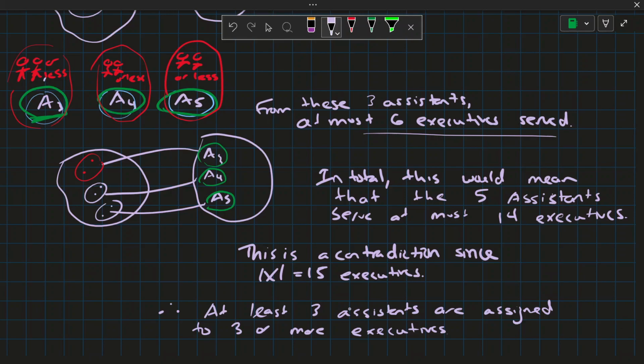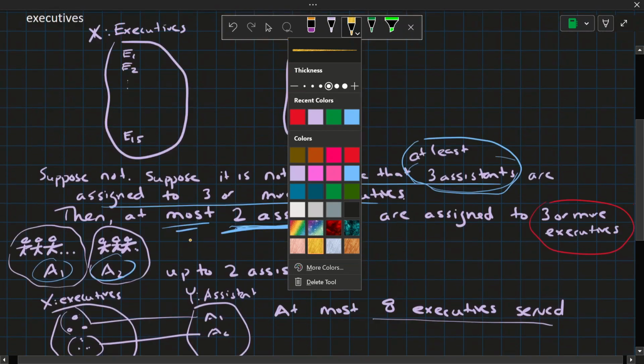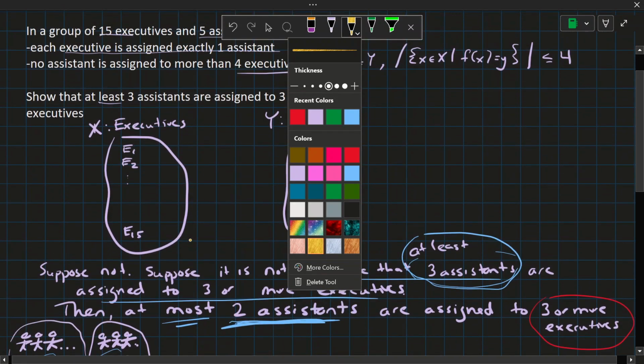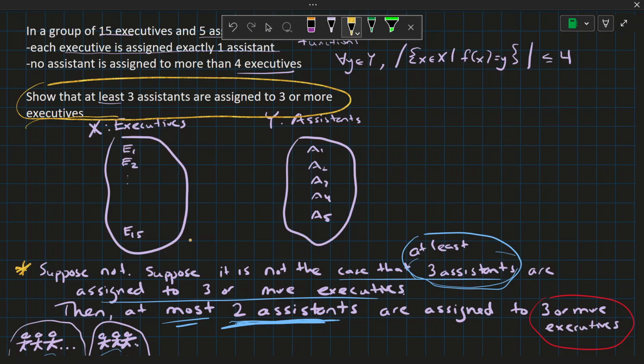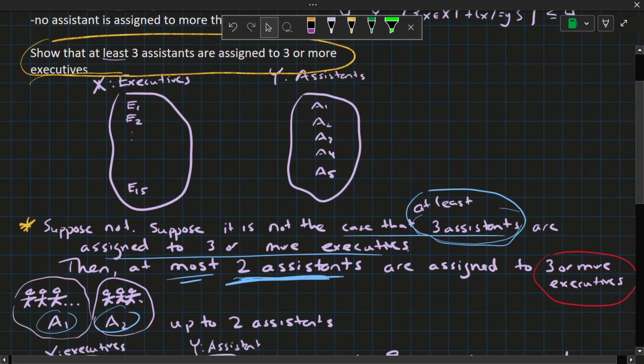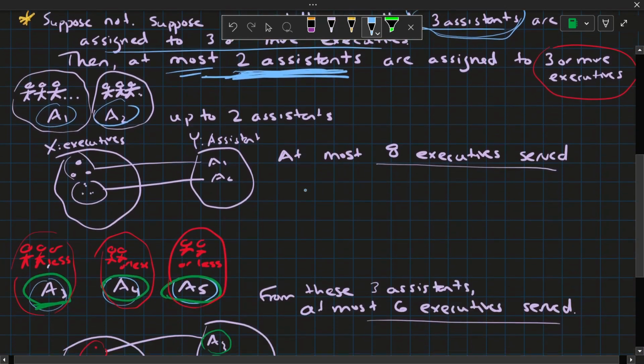And just recapping it all, remember we had a claim that we needed to prove. We said suppose not. From that, we went to the negation of the goal statement. From that, we deduced that there'd be at most 2 assistants assigned to 3 or more executives, which meant there's 3 more assistants left.